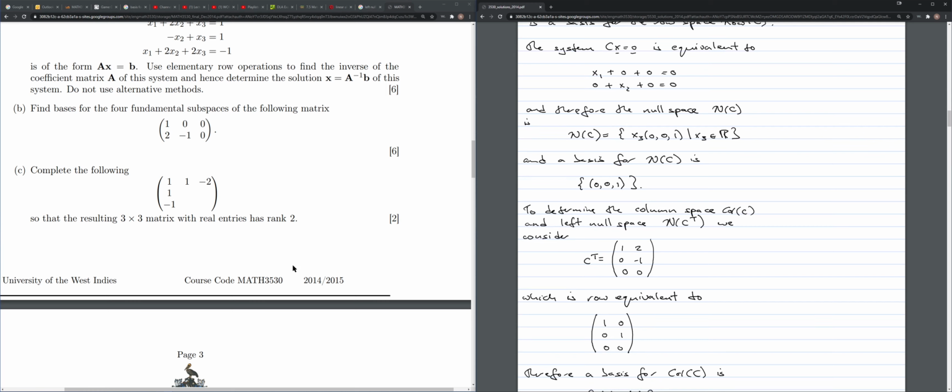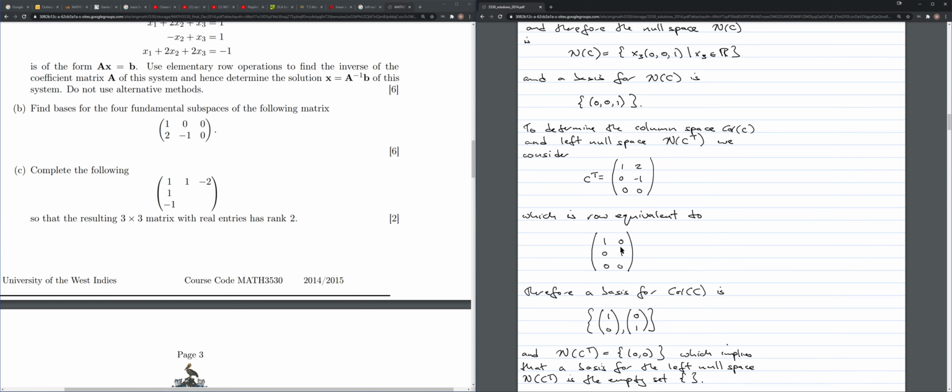And to get a basis for your column space, what you do is take this matrix, and this is what we saw probably about 5 minutes ago. Take the matrix, form the transpose, which is your transpose over here.